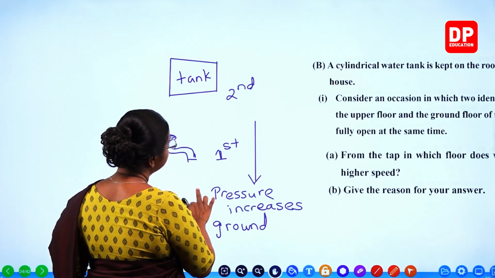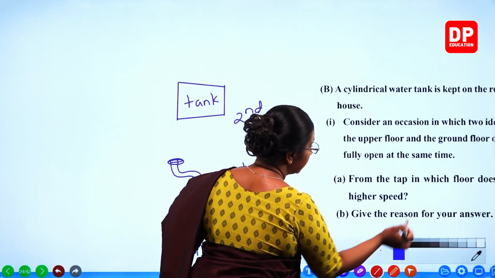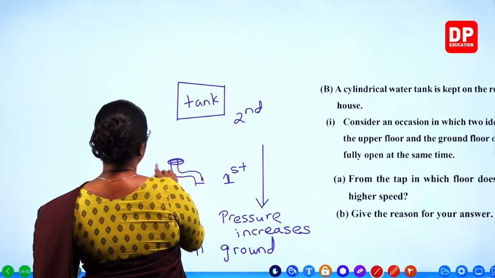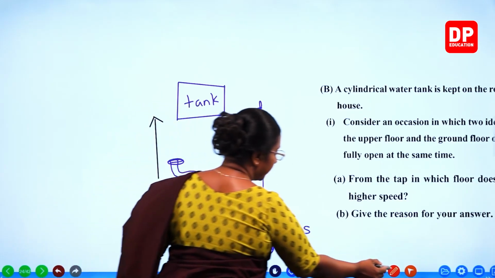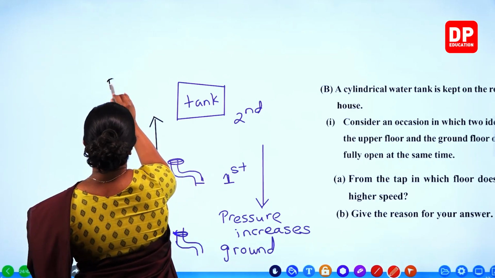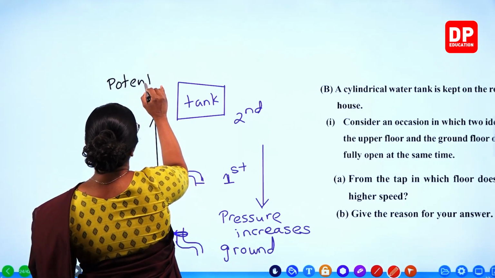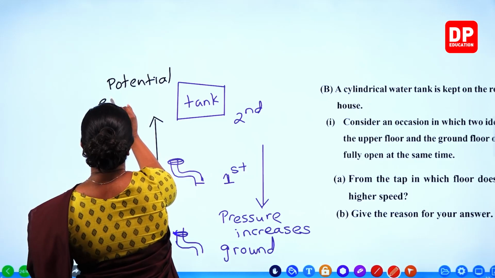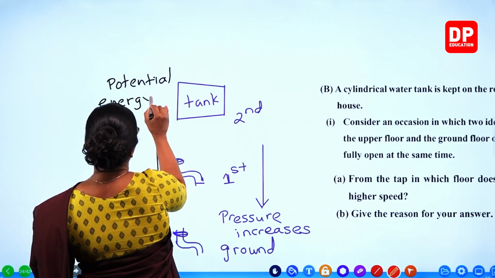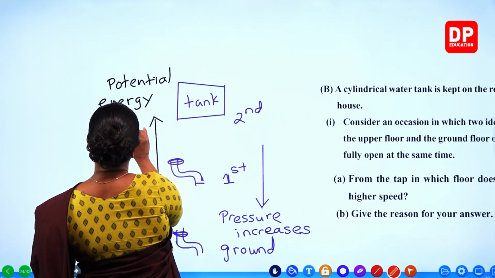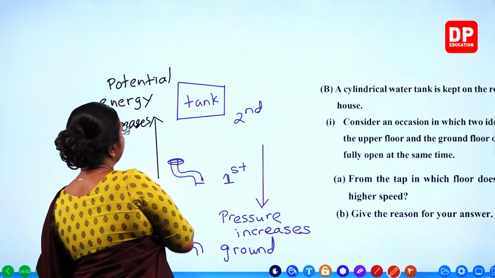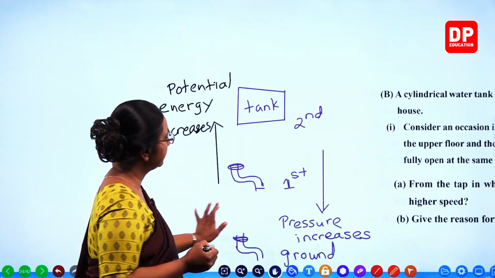At the same time, when you consider the height, this way when you go up, what happens? Potential energy increases. So that is what happens here. You can see that, students.